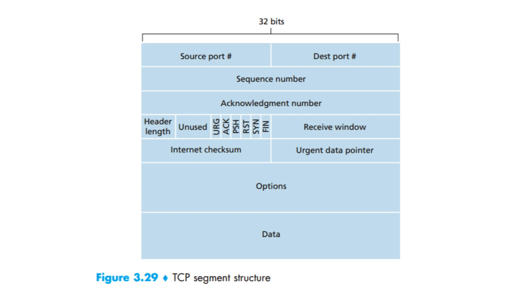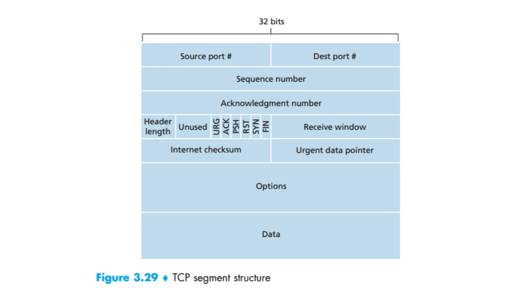Data offset, 4 bits, indicates the length of the TCP header in 32-bit words. Since the TCP header size can vary, this field specifies the offset to the start of the TCP data. Reserved, 16 bits. These bits are reserved for future use and currently set to 0.